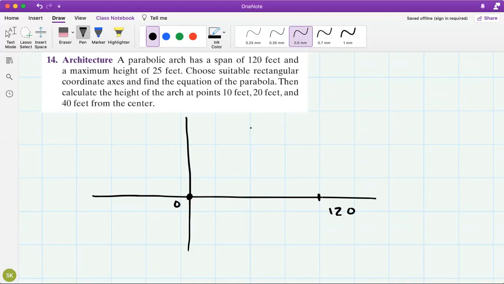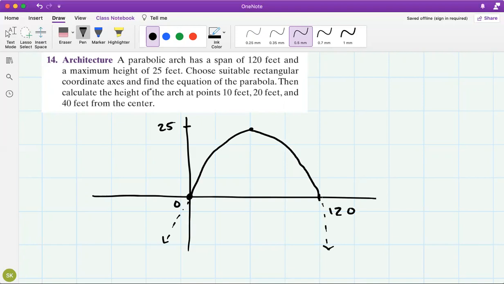And its maximum height is 25 feet. So here is the parabolic arch. And when you see parabolic, that means parabola. And so you just think of a parabola like this. And we don't need to graph this. We can if we want to. We can continue this function like this, but it doesn't really matter.